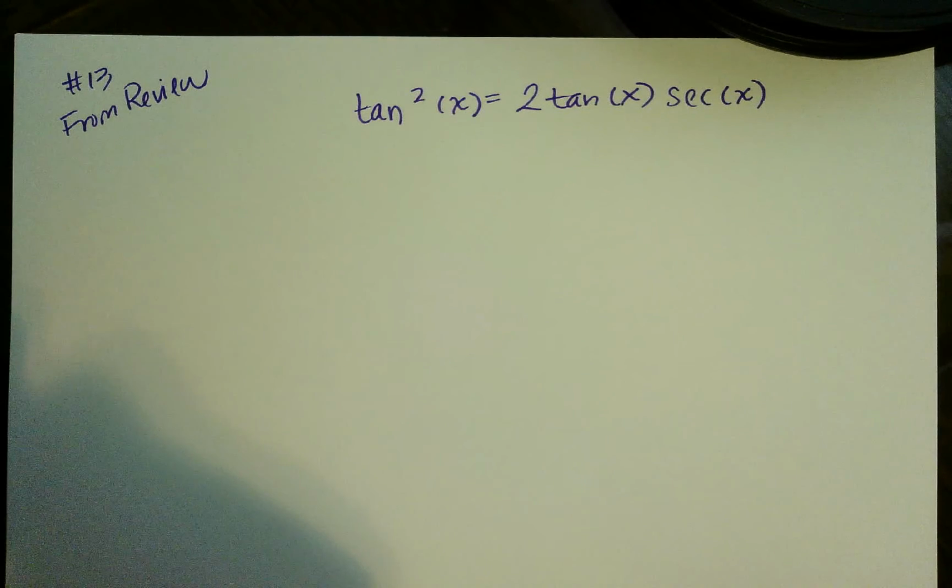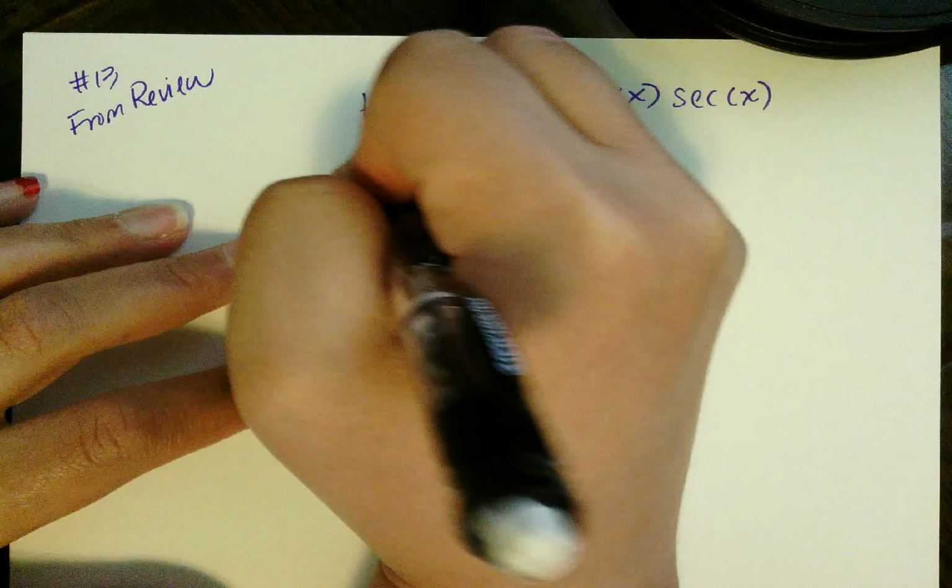So I'll give you 2 options. You can work with your tangent and your secant, or you can change everything to sine and cosine. Do it with sine and cosine. That's what I would do.